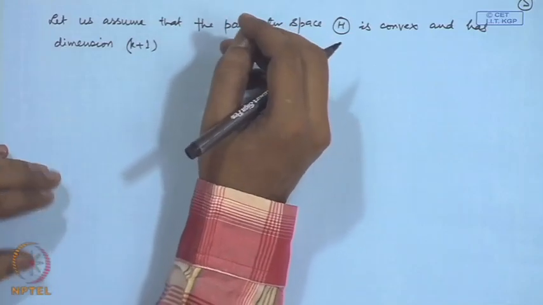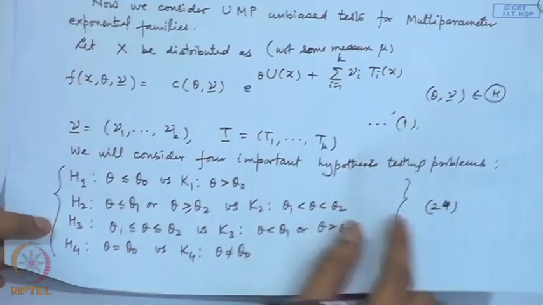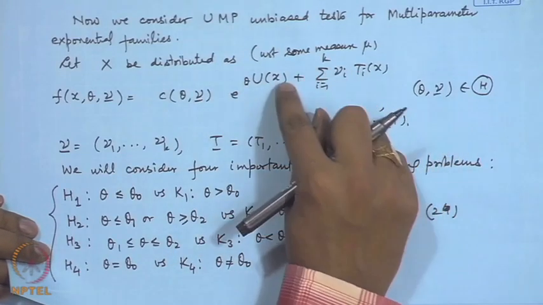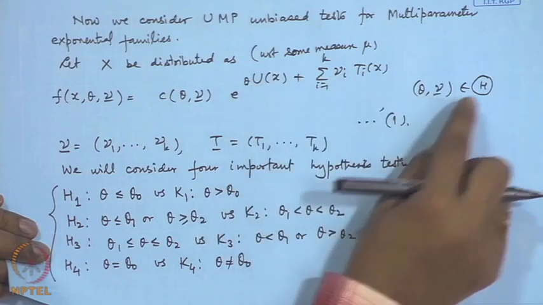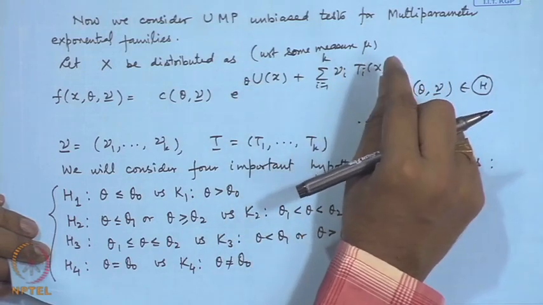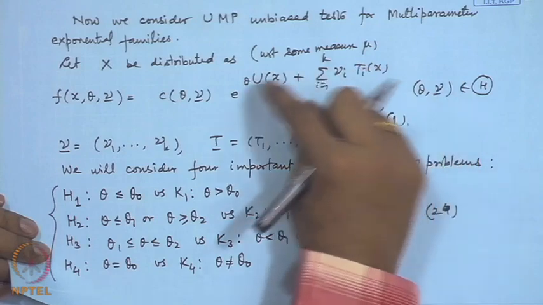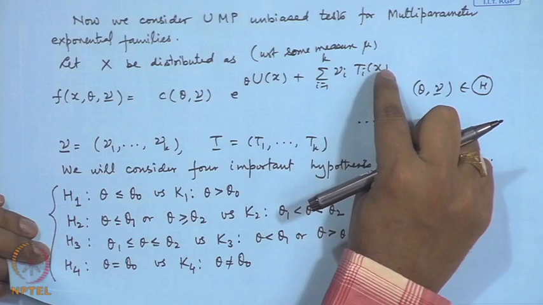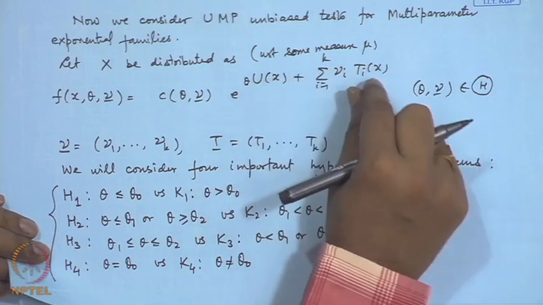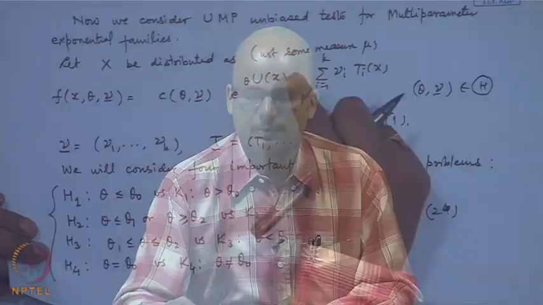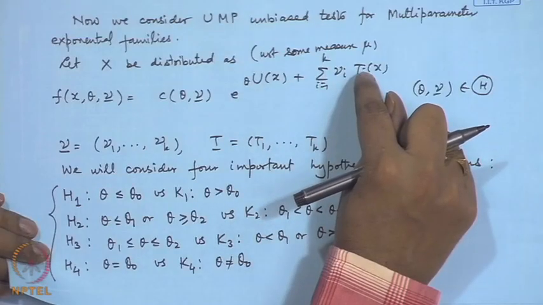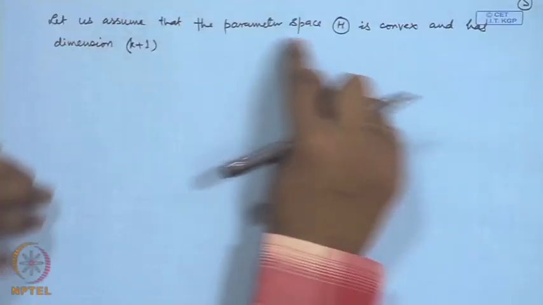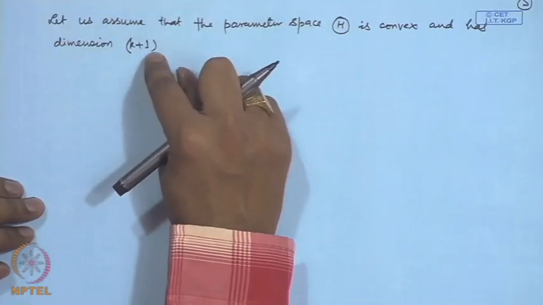Now, this assumption is required. If you remember the result for the k plus 1 parameter exponential family, if the parameter space contains a k plus 1 dimensional rectangle, then U, T1, T2, ..., Tk is a complete and sufficient statistic. Sufficiency is of course clear from the factorization theorem, but this will also be complete. Therefore, this assumption that the dimension of this parameter space is full is required.